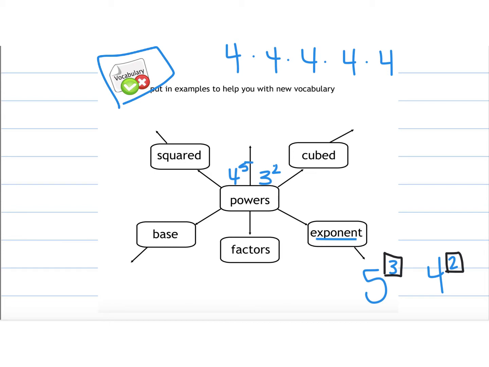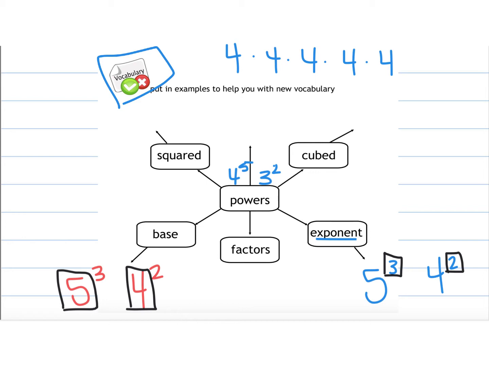Now the base, coming over to this side, that same one, 5 to the power of 3, the base is the number that we are multiplying. So in this situation, we are taking 5 and multiplying it 3 times. Or if we have 4 to the power of 2, our base is 4, the number that's being multiplied over and over again. So those are base and exponents.